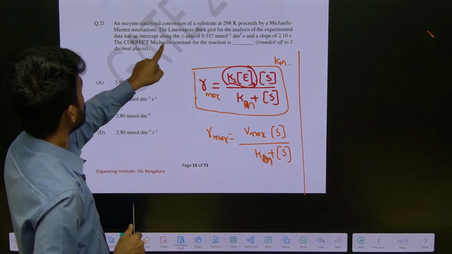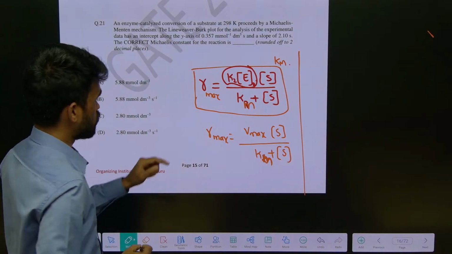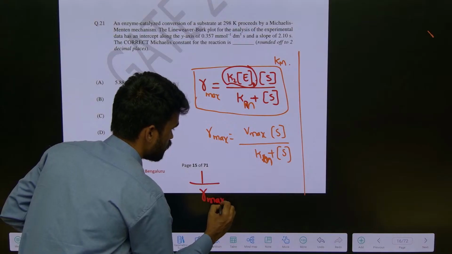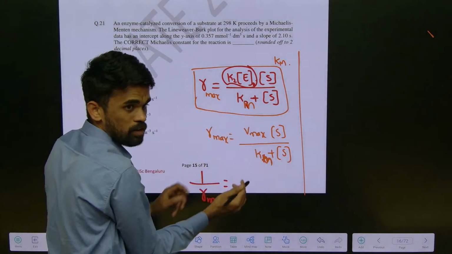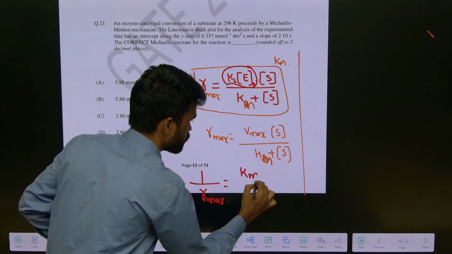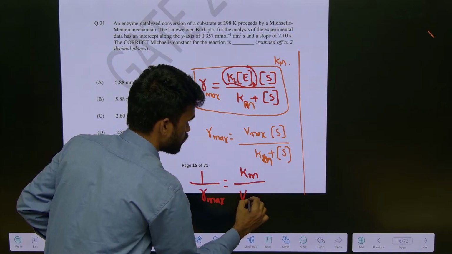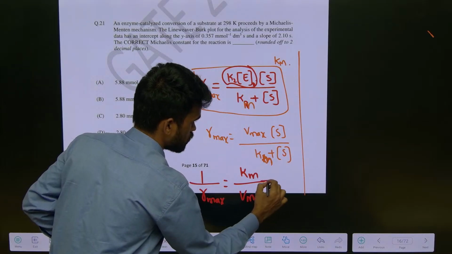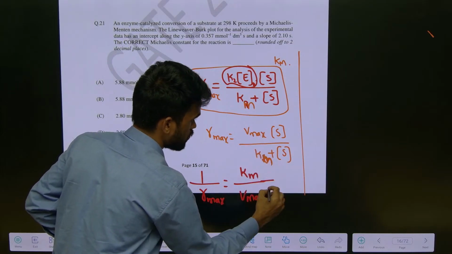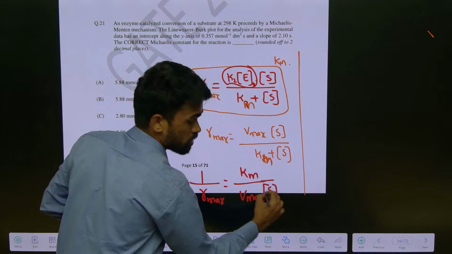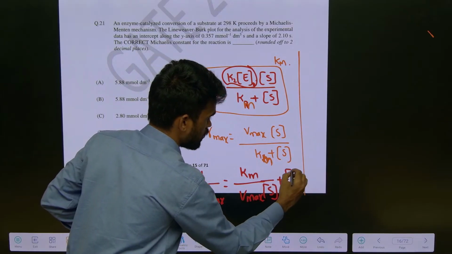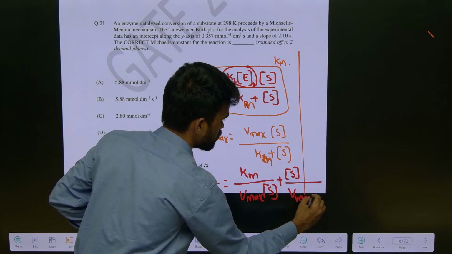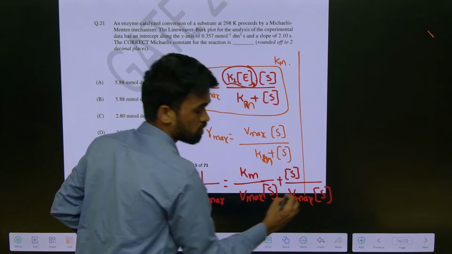Anyways, what I want is the Lineweaver-Burk plot. So how will it be? 1 by R max will be equal to, take the reciprocal of this, Km by V max and concentration of substrate, plus concentration of substrate by V max into concentration of substrate.